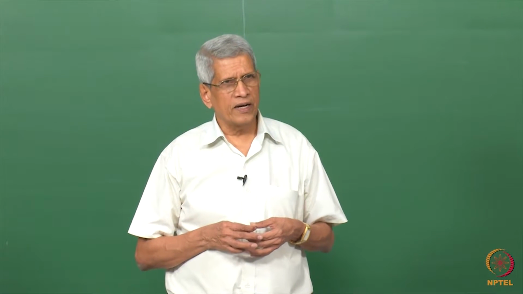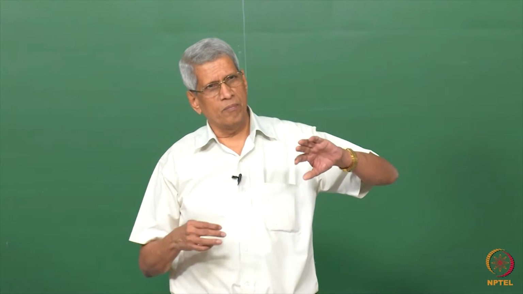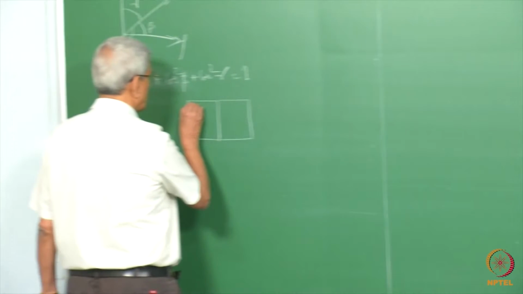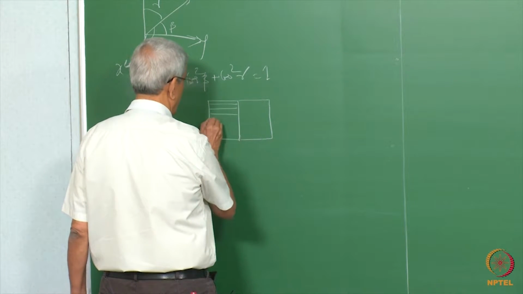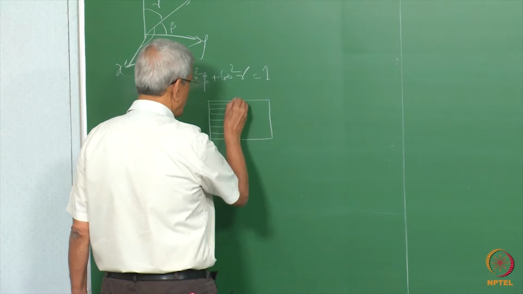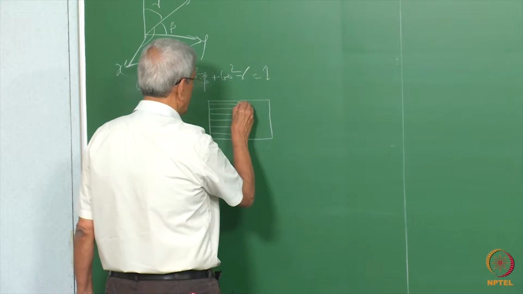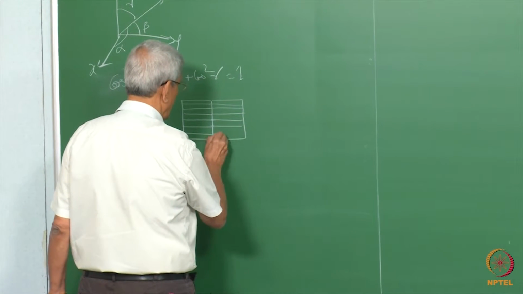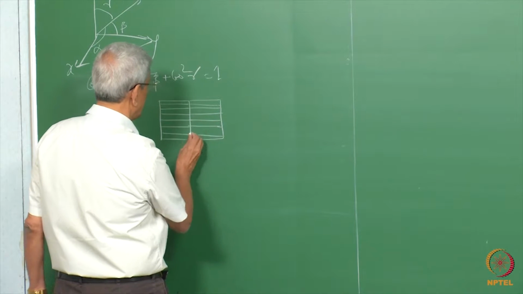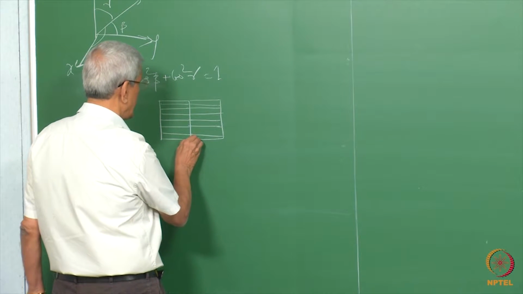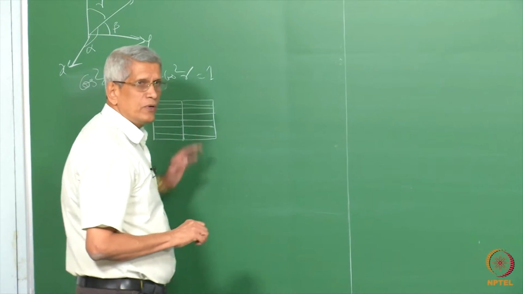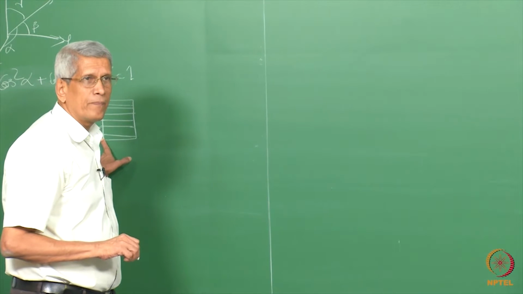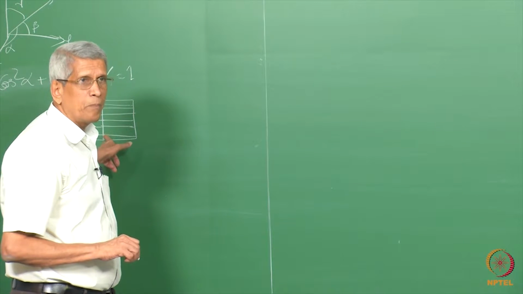Like in the case of an ordered alloy, there is nothing like a step being created. What I mean by step is this: assume that the planes are there. Here also the planes are going to be exactly the same way. There are 2 ways in which it can happen. This itself can be shifted by some value which is smaller than the interplanar distance.